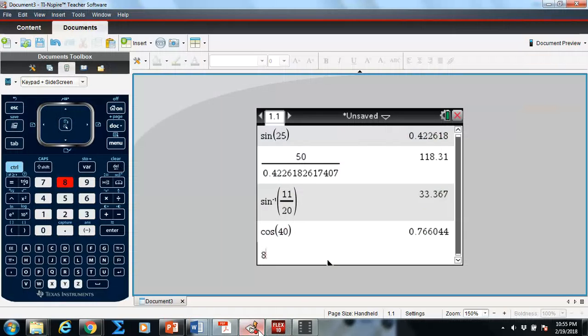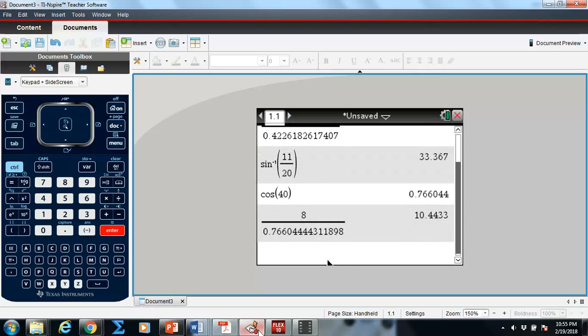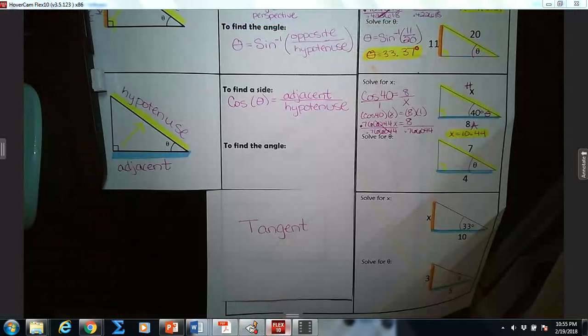So 8 divided by our answer previously here in the calculator, the 0.766044 is actually a much longer decimal, and I'm just going to leave all those numbers in there to get the most accurate answer. I'm getting 10.44 if we're rounding to the nearest hundredth. Final answer. 10.44 is the length of the hypotenuse.